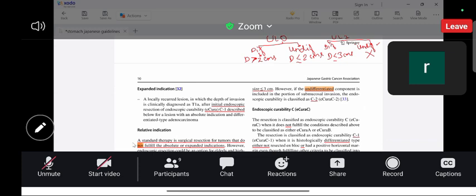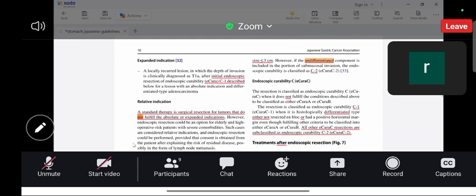Then expanded indications. So locally recurrent lesions in which the depth of invasion is clinically diagnosed as T1A, after initial endoscopic resection, it comes as eCuRA C1, then we can again do ESD. We will read it further. This is expanded indication. And as we discussed, what is relative indication?